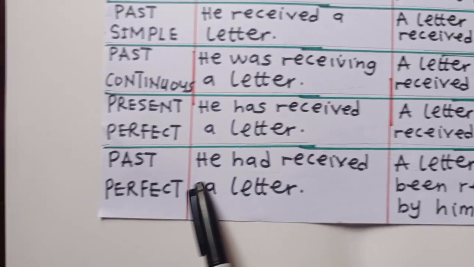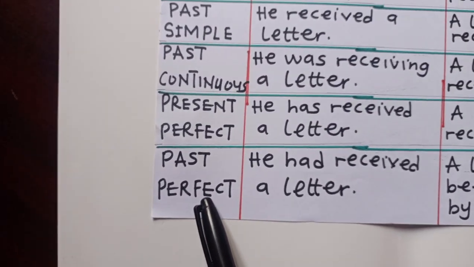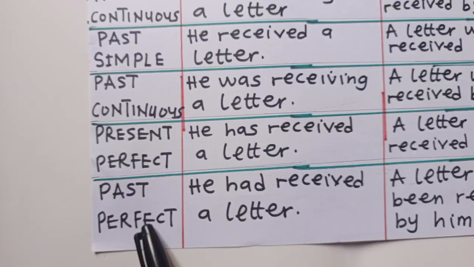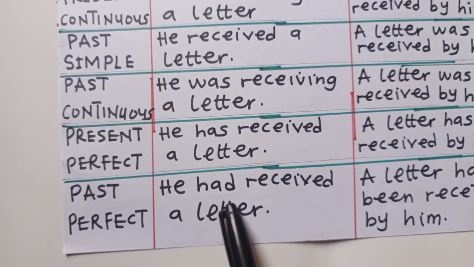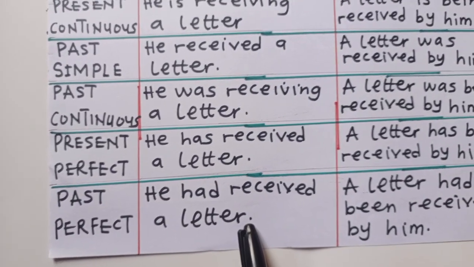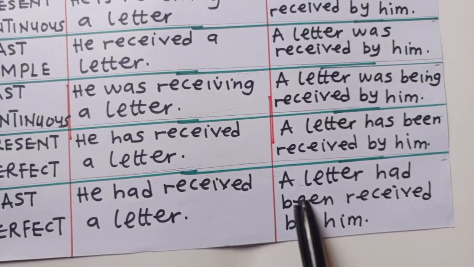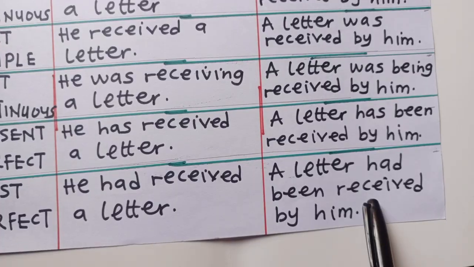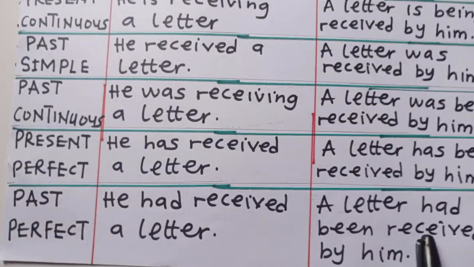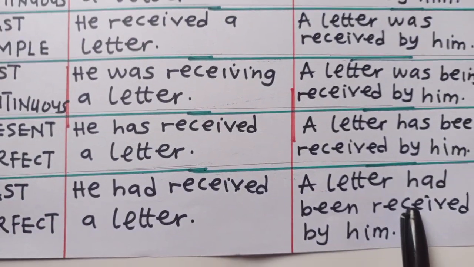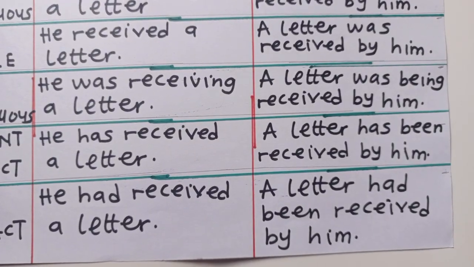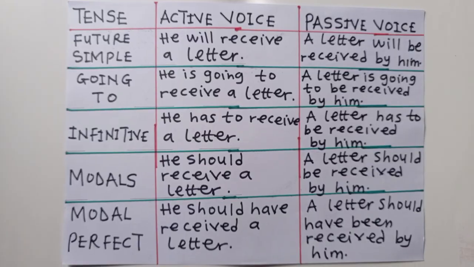And then we look at the past perfect tense. For active voice, an example, he had received a letter. Then the passive voice, a letter had been received by him.